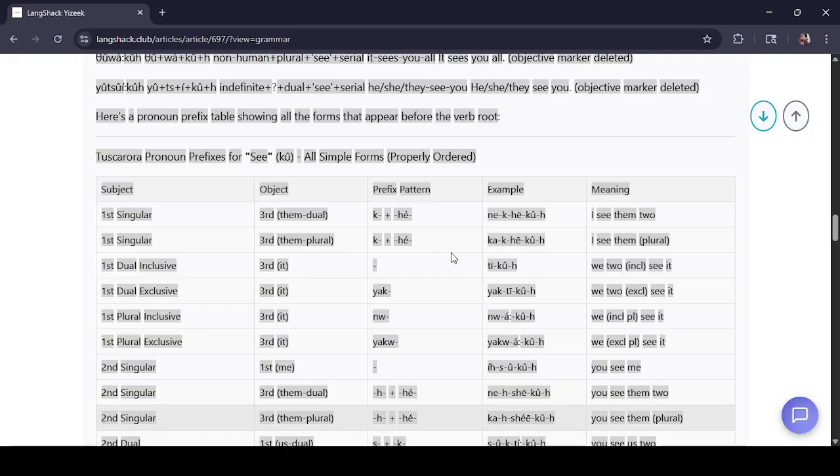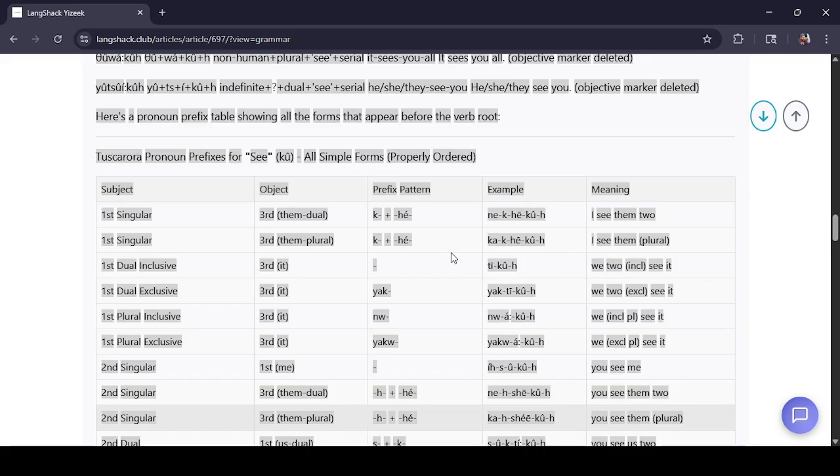So we've got all the prefixes. That's the human, or that's the object, and then the object form, and then that's the human. So essentially, human object form is he. And then you've got yak. So you've got inclusive, which is like you and me. It is like us but not you.